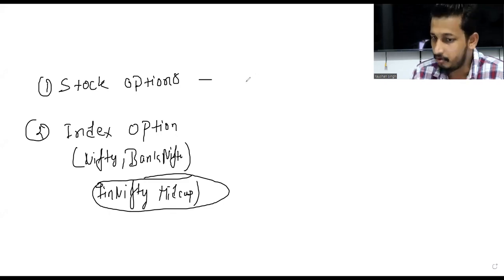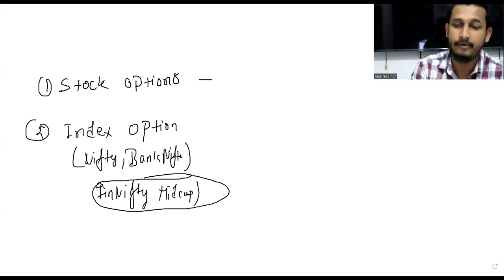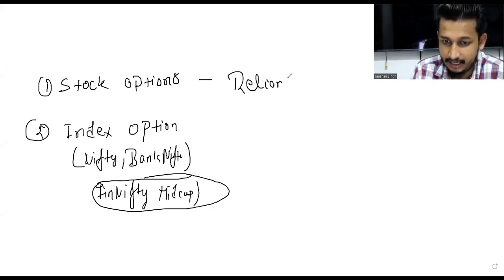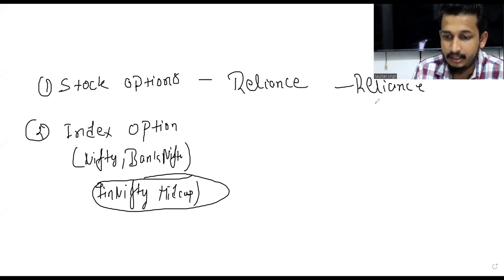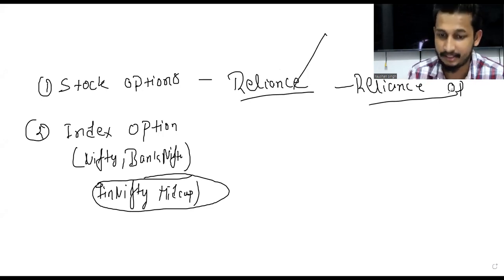Stock options will work in the same way. Basically, the option's value will be derived from its underlying asset. ठीक है, options की जो भी value होगी उसकी underlying assets से derive होगी. मतलब क्या है? अगर Reliance है, and Reliance का option जो है, the option value will be derived from Reliance. ठीक है, Reliance अप जाएगा तो ये option value में भी changes आएंगे.